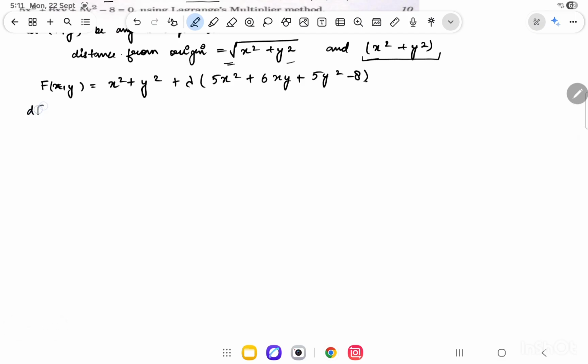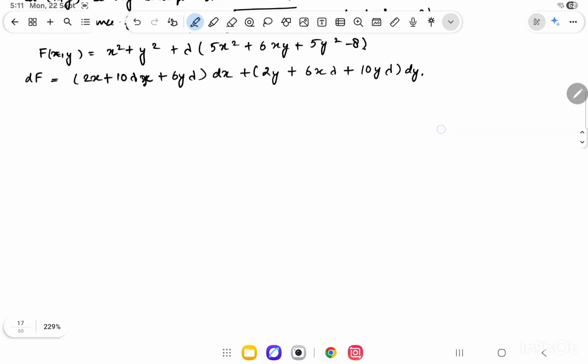If we take its total derivative, we get 2x plus 10 lambda x plus 6y lambda into dx plus 2y plus 6x lambda plus 10y lambda into dy. Now we equate it with 0 to get the points where the function can achieve extremum values.